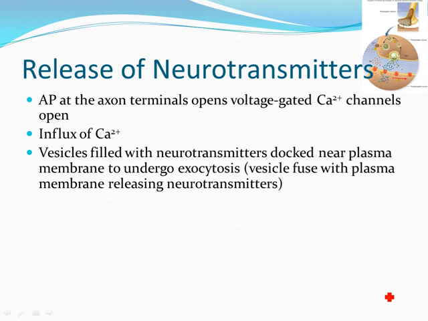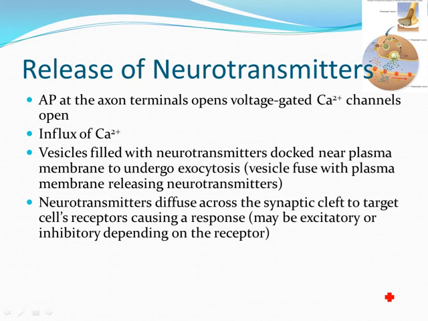It releases its neurotransmitters, the contents of that vesicle. The neurotransmitter then diffuses across the synaptic cleft to its target's receptor, as shown over here. Here are the target's receptors, and here's the axon terminal. This is the exocytosis portion of it.